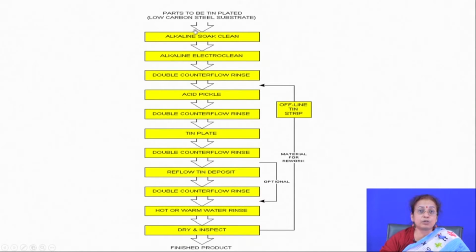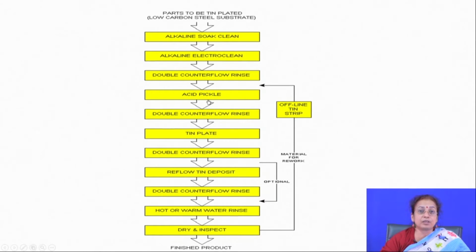Here also, as I mentioned in the case of aluminizing, in tinning it is very important that whichever technique you use, either hot dipping or electrodeposition, you do the cleaning operation very carefully. Usually there are several steps of cleaning. You do alkaline soap cleaning, and then you can go for electro cleaning by using the part as anode, and then a double counter rinsing operation.